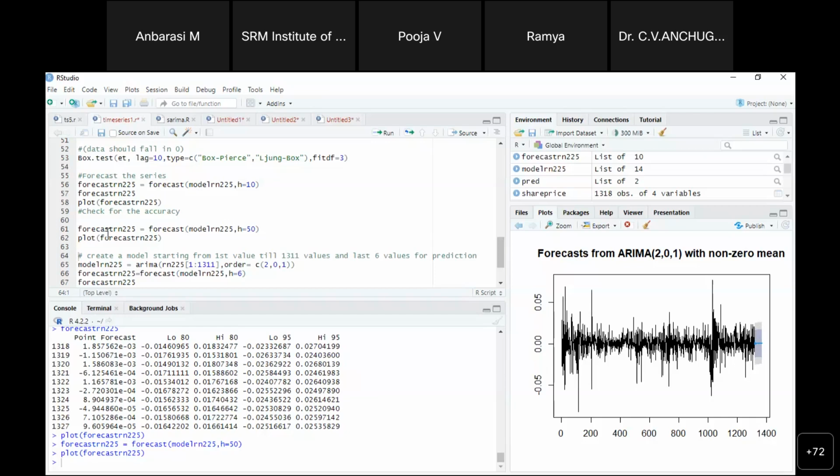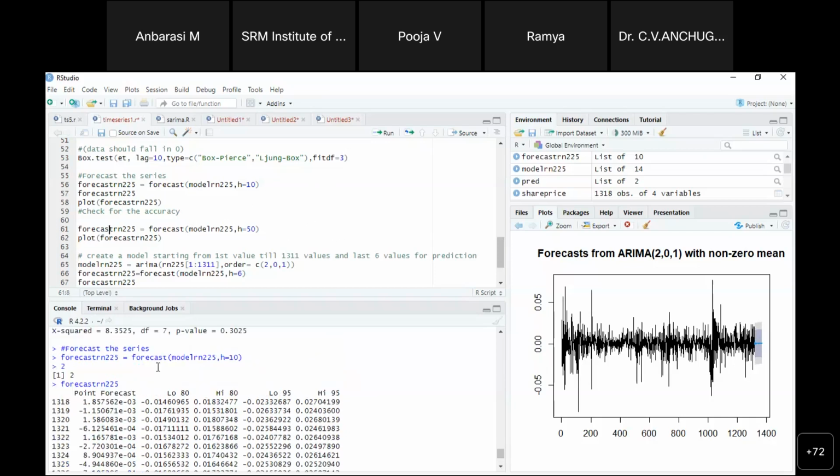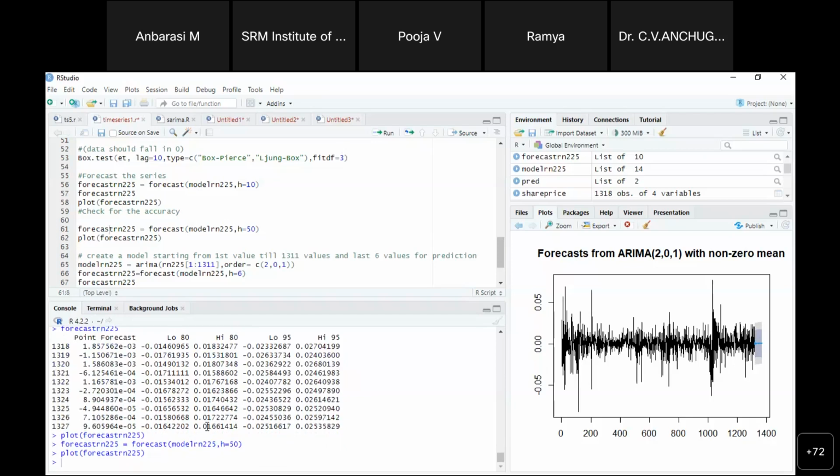If you want, I can change the value to 50. With the 10 you can proceed, or otherwise with 50 records, how the data set will be, that also is possible. Okay, so in that way, we can predict the future value based on the past records. It is possible to predict it.